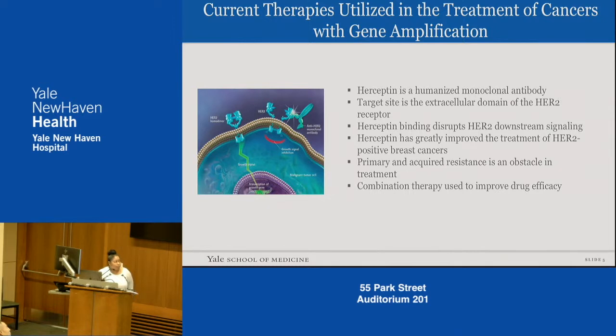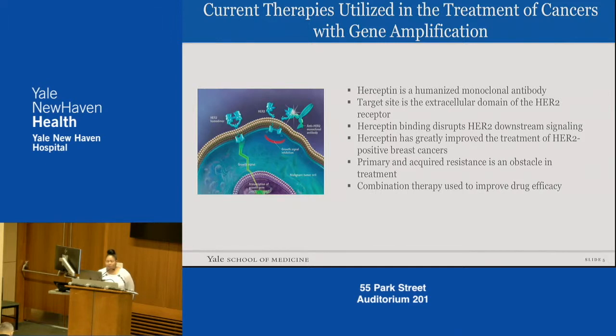One of probably the most beneficial examples of cancer therapies that have been used to target gene amplification has been Herceptin or trastuzumab, which is a humanized monoclonal antibody that targets the extracellular domain of the HER2 receptor. Herceptin disrupts HER2 downstream signaling and has been used in the treatment of HER2-positive breast cancers and has made an enormous impact.